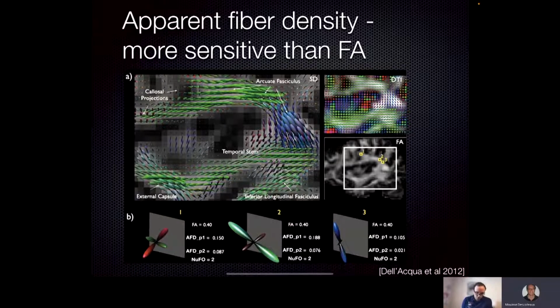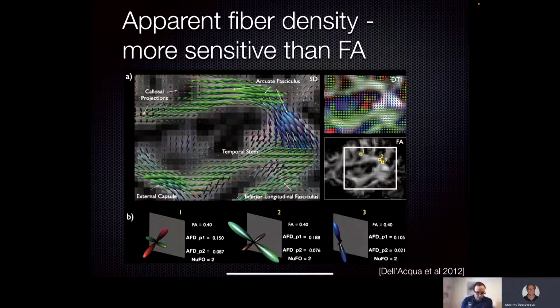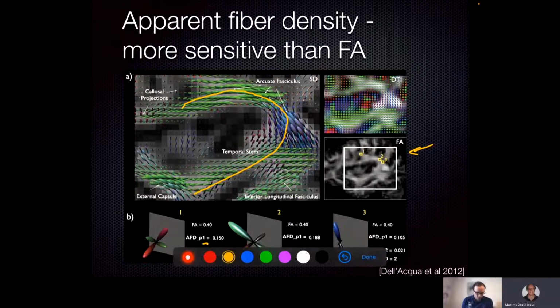So now I show you 3 voxels, voxel 1, 2, and 3 here, where they all have the same FA, kind of FA of 0.4, but you can see now the apparent fiber density for peak 1 versus peak 2 at each voxel, and this is different.